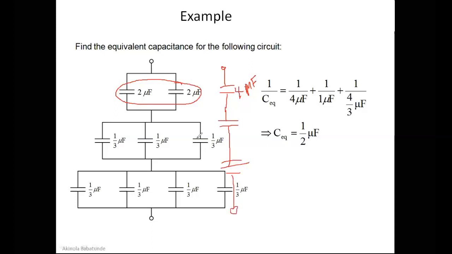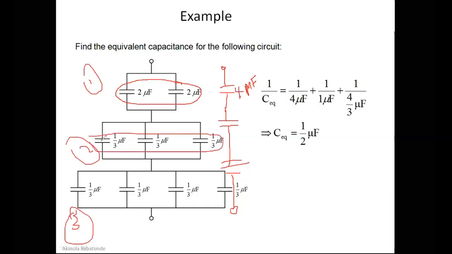This is 1, this is 2, and then this is 3. Since these ones are in parallel, you have 1 over 3 plus 1 over 3 plus 1 over 3. So the effective capacitance in this connection here will be 3 over 3, and that would just be 1. So this gives us 1 microfarad.